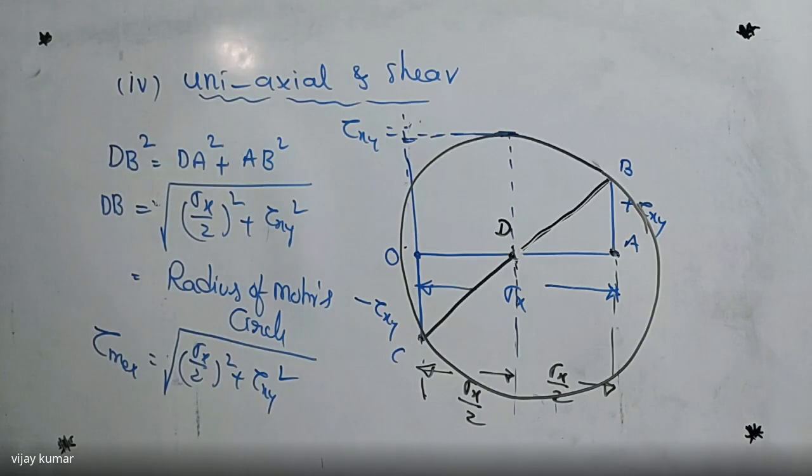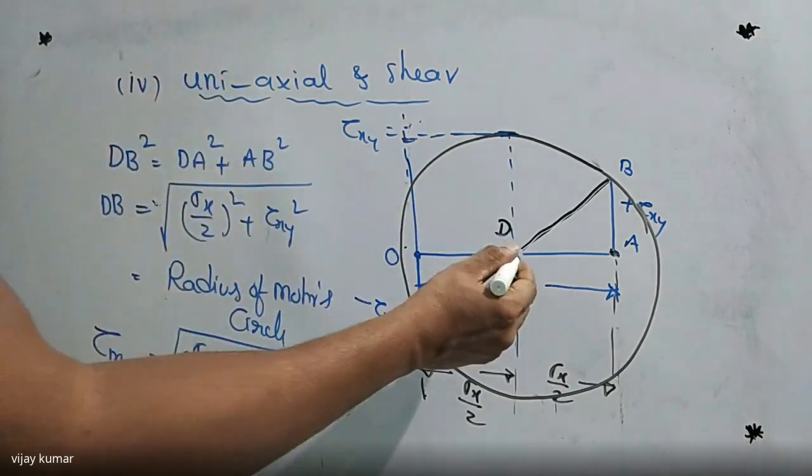So simply we can draw the Mohr circle diagram, and we can find the radius of the Mohr circle also. And we have to find the coordinates of the circle. That is very important here. What are the coordinates of the circle? This is the center of the circle.